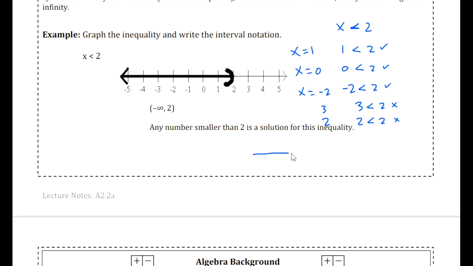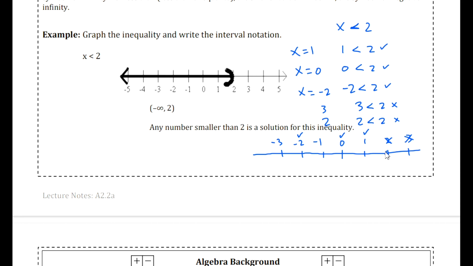So to keep track of these solutions, we draw the number line. And we note which numbers are not solutions. One is a solution, 0 is a solution, -2 is a solution, but we said that 3 and 2 are not.